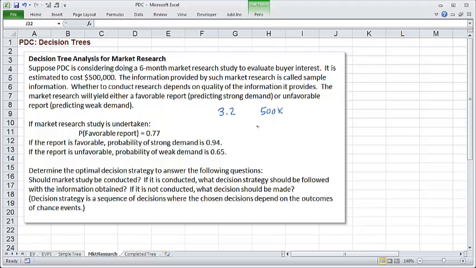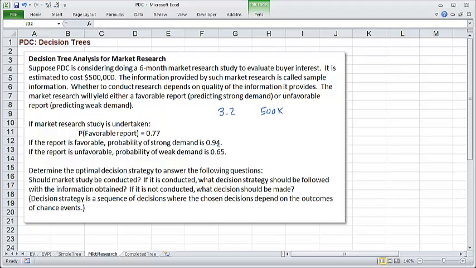So to help us assess how good the market research information is, we are given some probabilities. First, we are told the probability that this market research will yield a favorable report is 77%. Now, if the report is favorable, the probability there will actually be a strong demand, that its prediction will come true, is 94%.